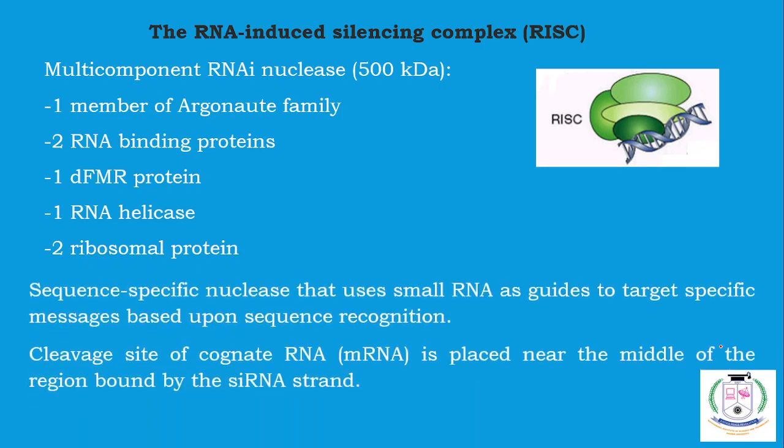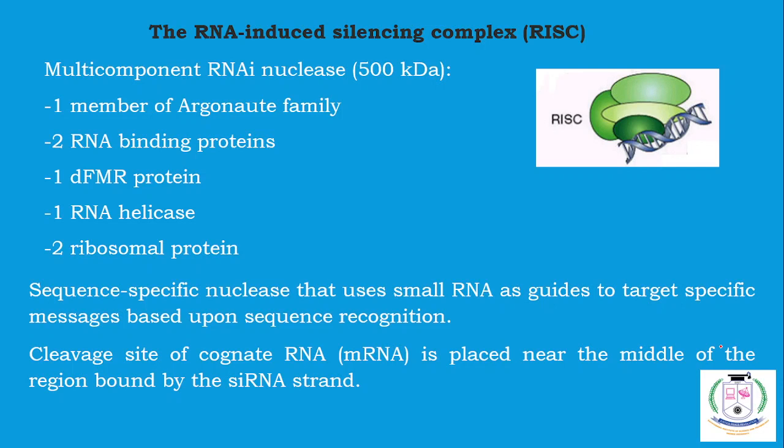So this sequence specific nuclease, that is your siRNA, is loaded as such into this complex, and it guides it to the target specific mRNA. The sequence recognition, that is the complementarity, is the key feature over here.